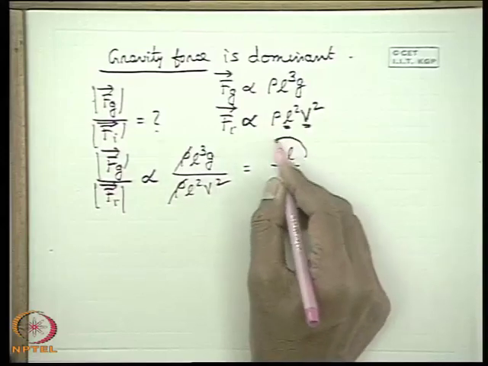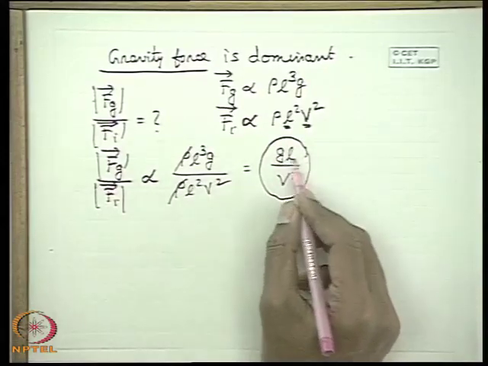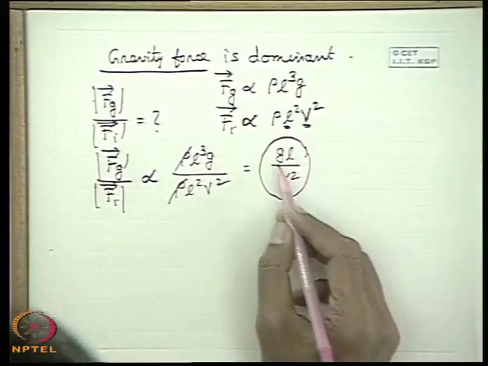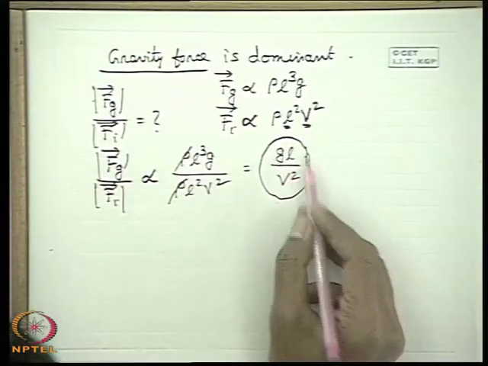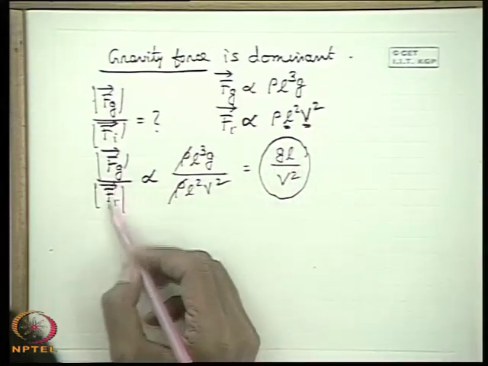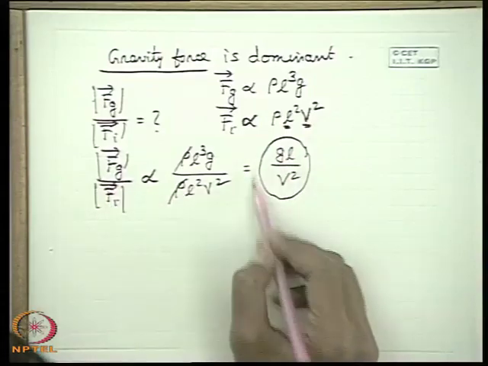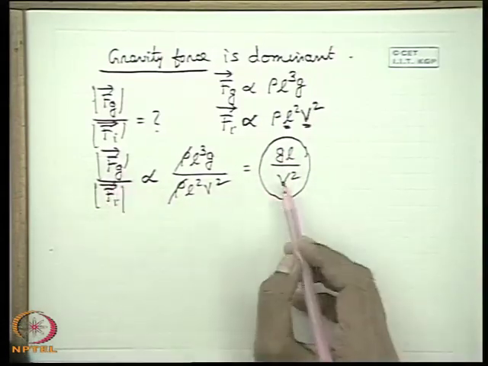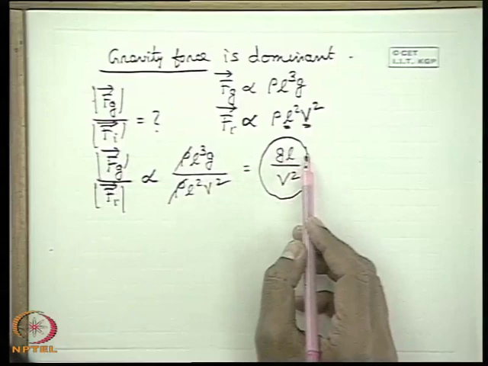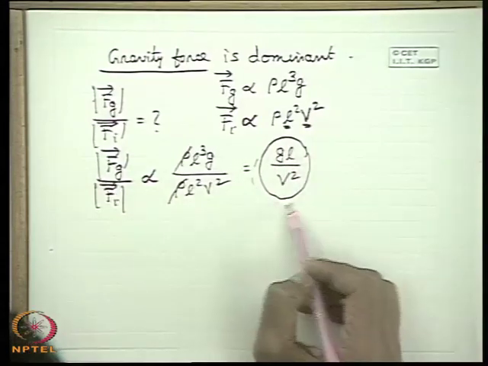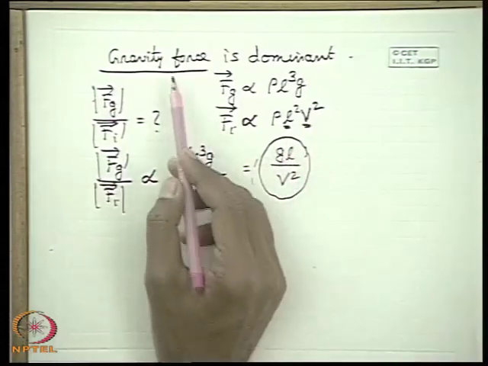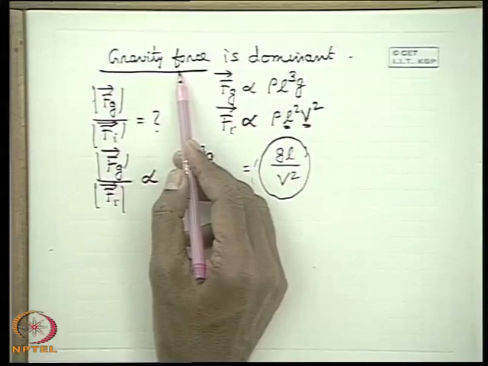We see this dimensionless group is obviously dimensionless; if you put the dimensions, you see that. This represents the magnitude ratio of these two forces, and therefore in two dynamically similar systems this has to be constant, for systems dominated by gravity force.